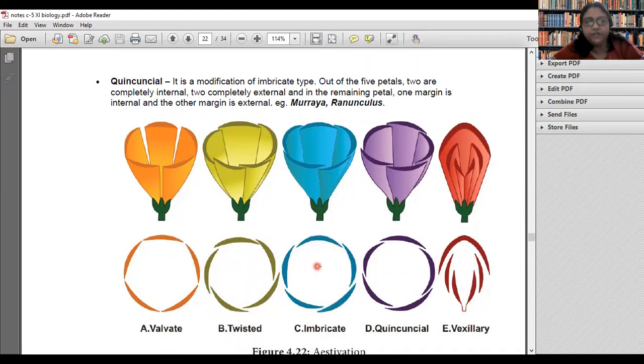How is it different from twisted? Ma'am, in that there are alternate parts, inner and outer, and in every leaf one part is inside and one part is outside. So in twisted, in case of every floral part, one is in, one is out. In imbricate, three are such, but one is totally in, one is totally out.